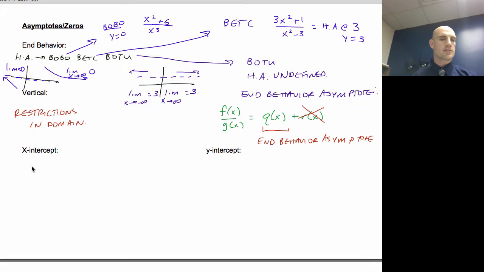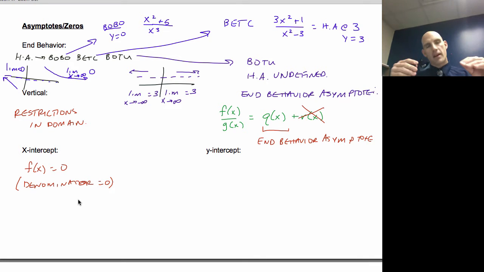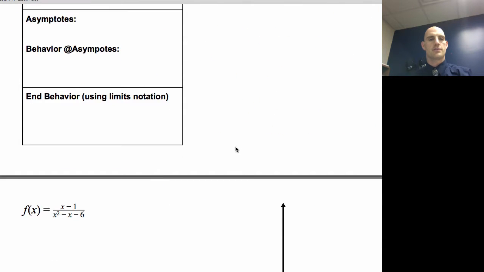And my x-intercepts are going to be where f of x is equal to 0, specifically numerator equals 0, as long as it doesn't make the denominator 0 as well, which wouldn't work. And our y-intercept is where we take f of 0. So we plug in 0 and we figure out where our y-intercept is. Okay, that's the basics. What are we doing with this? Well, we're going to take this and find end behavior asymptotes.